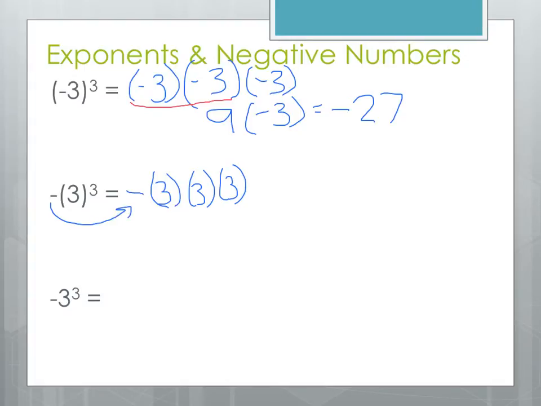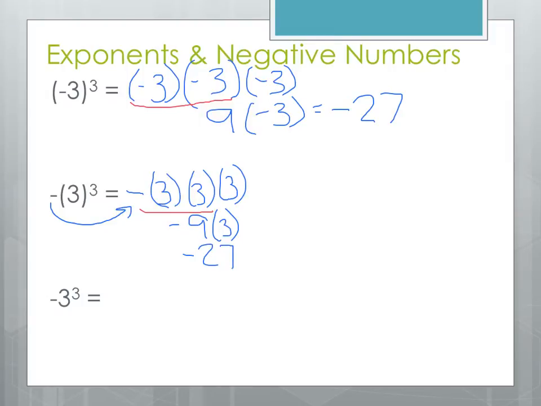So we have a negative 3 times 3 times 3. Okay. So we'll start here. Negative 3 times a positive 3 will give us a negative 9 times another 3. Okay. Then negative 9 times 3 is going to give us a negative 27.